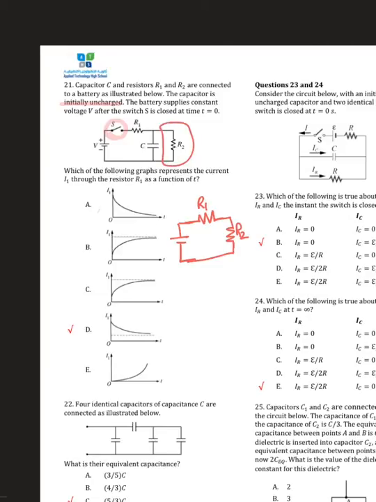So if R2 was not there at all, then the current would have to reach 0. But here, because there is another resistor which is giving the current another path to flow, therefore the current is not reaching 0. Okay, so that's the reason we have got the answer as D.